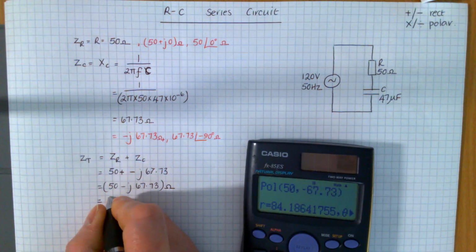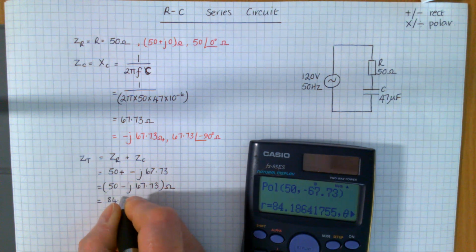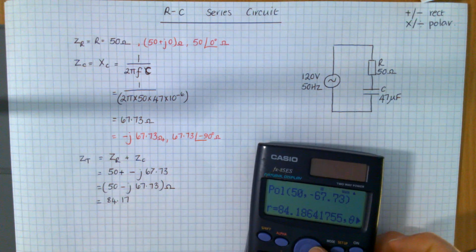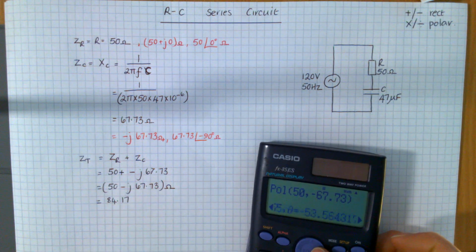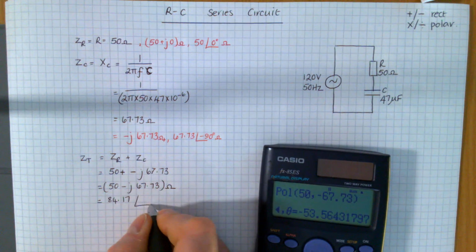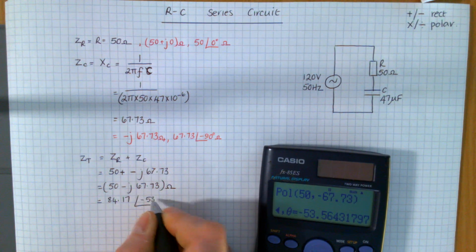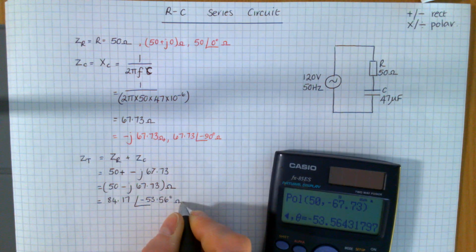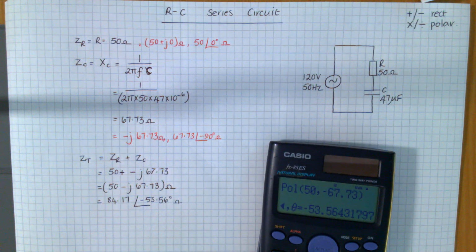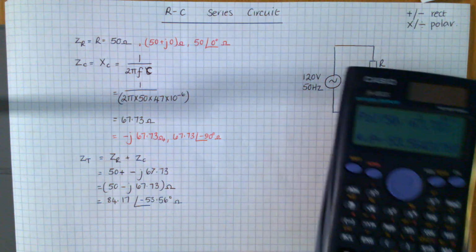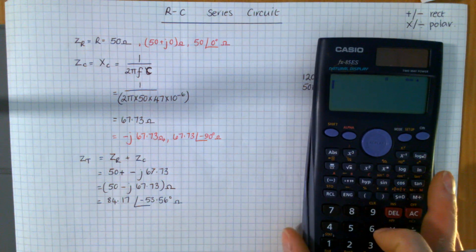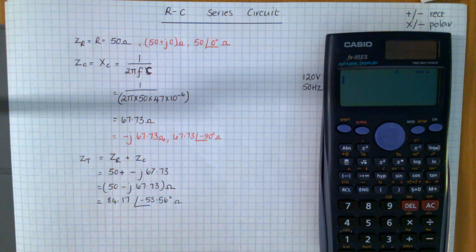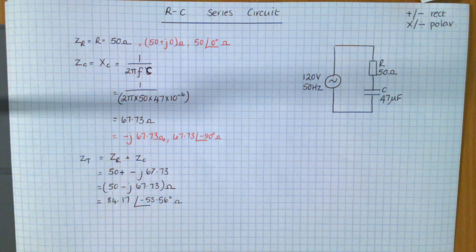That gets us a magnitude of 84.17 and an angle of minus 53.56. And that's your ZT, the total impedance in the circuit.